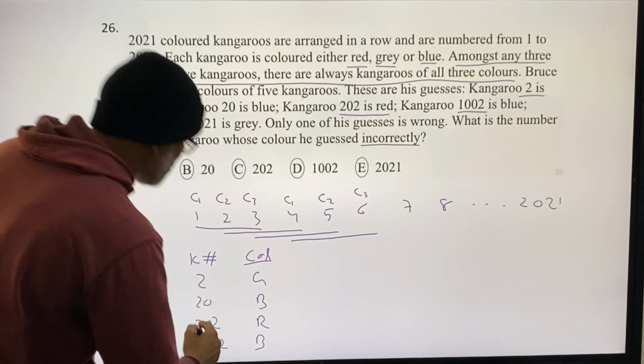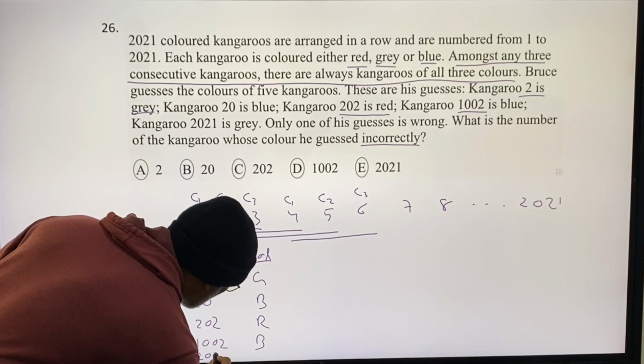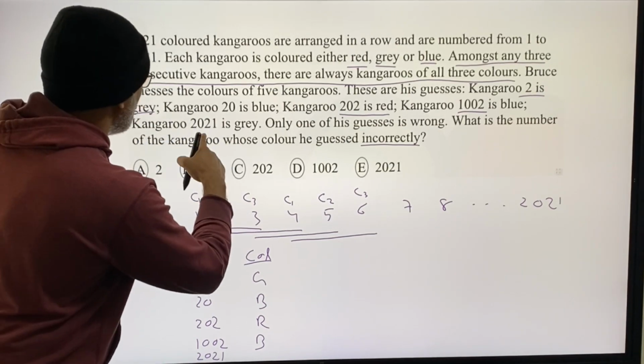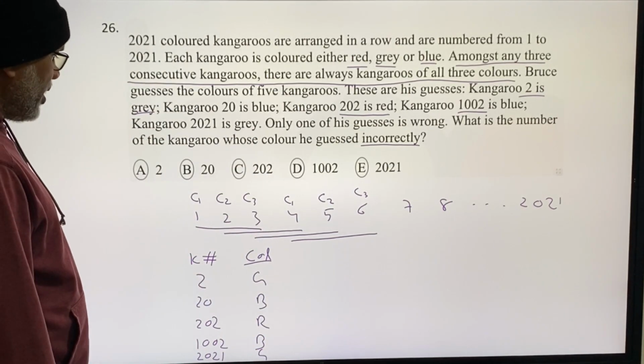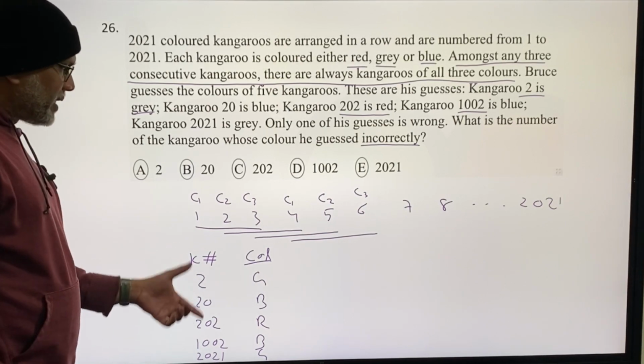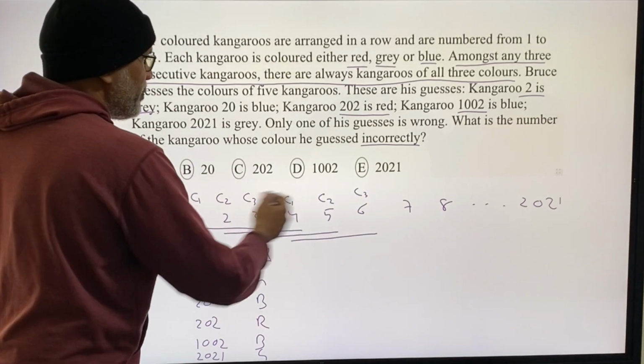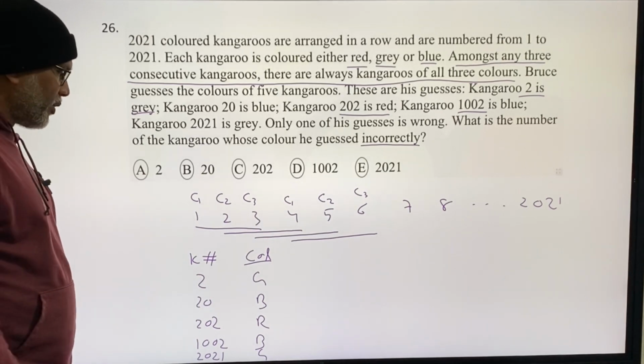And 2021 is gray. Okay, so one of these is not going to match this pattern and we have to find that out.